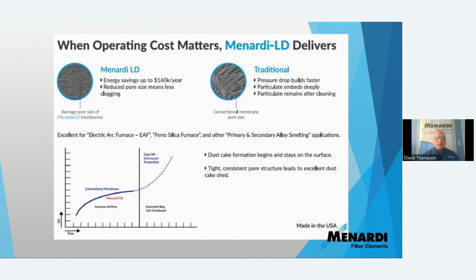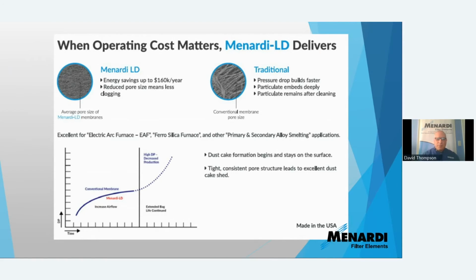The pore size is also reduced versus the traditional membrane on the right, which is really more of a random pore size. On a standard ePTFE membrane, you've got a capture efficiency of 99.98% at 2 micron and above. You get that with the low drag as well. However, the low drag handles the finer particulate even better, so it can capture more fine particulate on the surface and back pulse it off.